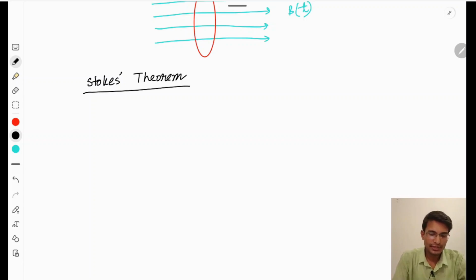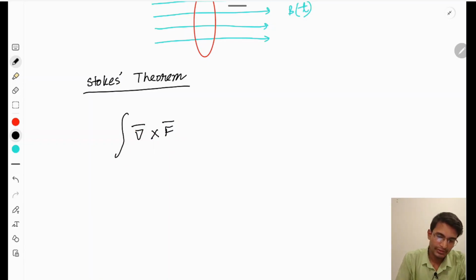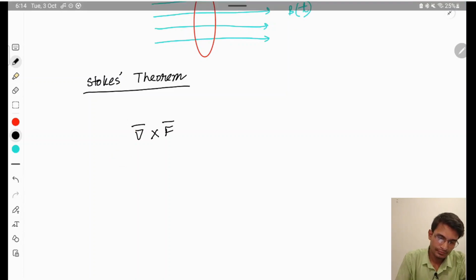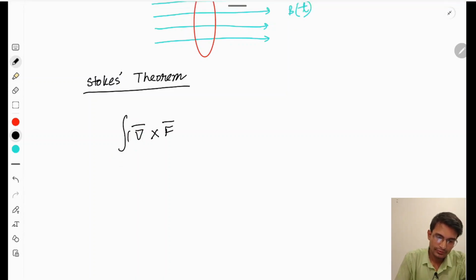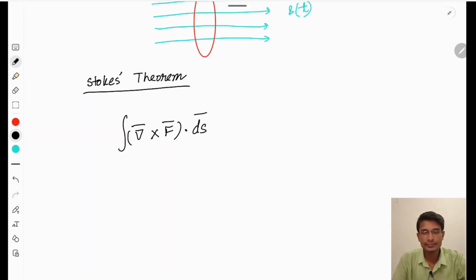What the Stokes theorem says is, if we take the curl of a vector quantity, say F, and integrate it over a surface, then this integration is the same as the line integral of that vector quantity around the boundary of the surface.